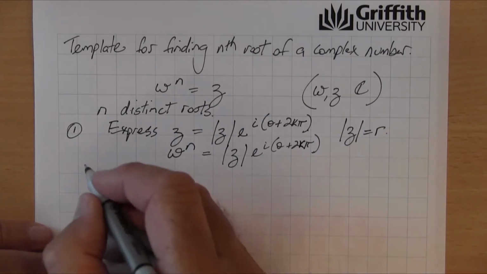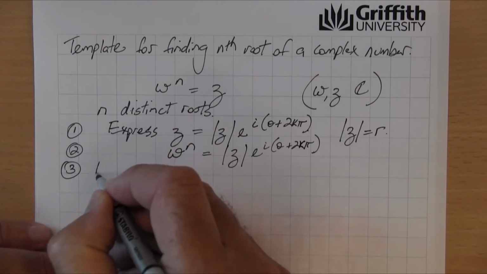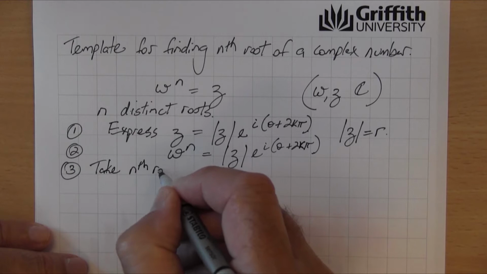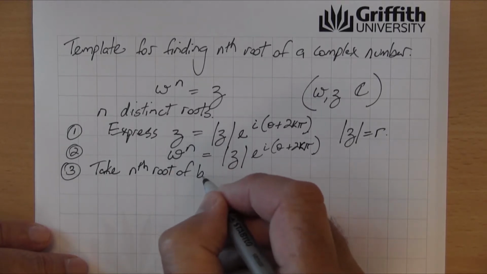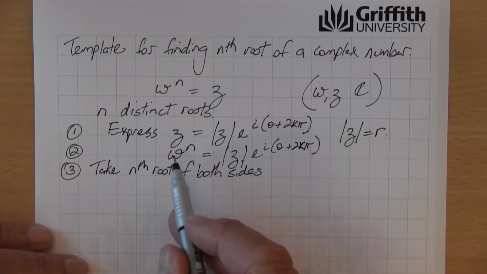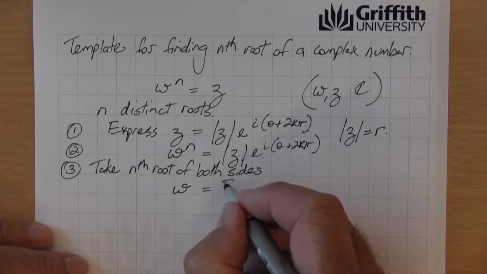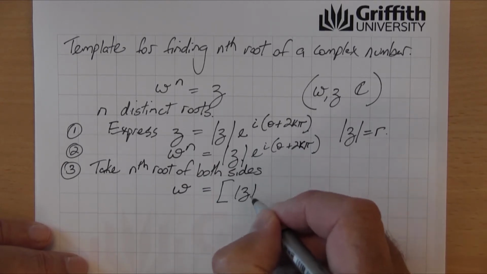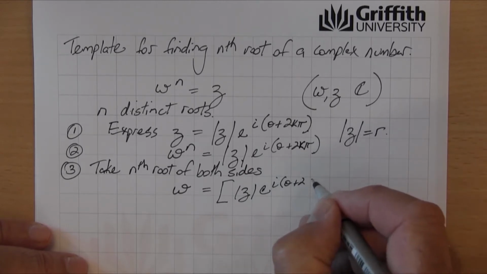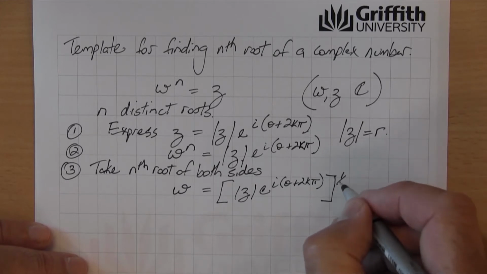We then take the nth root of both sides. We take the nth root of that, we get w equals, we'll just write the right hand side, e to the i theta plus 2k pi, we'll raise to the power of 1 on n.